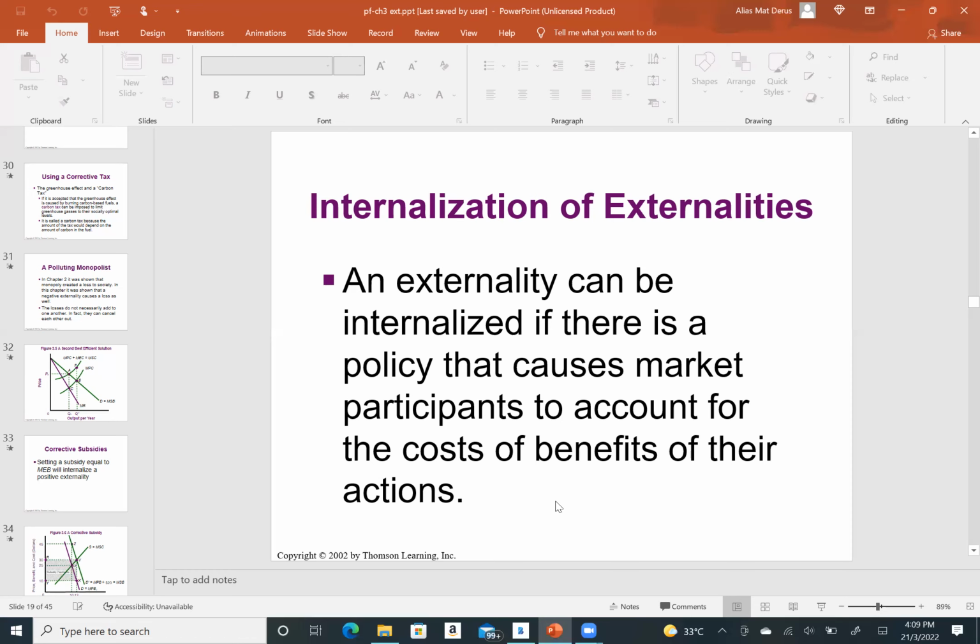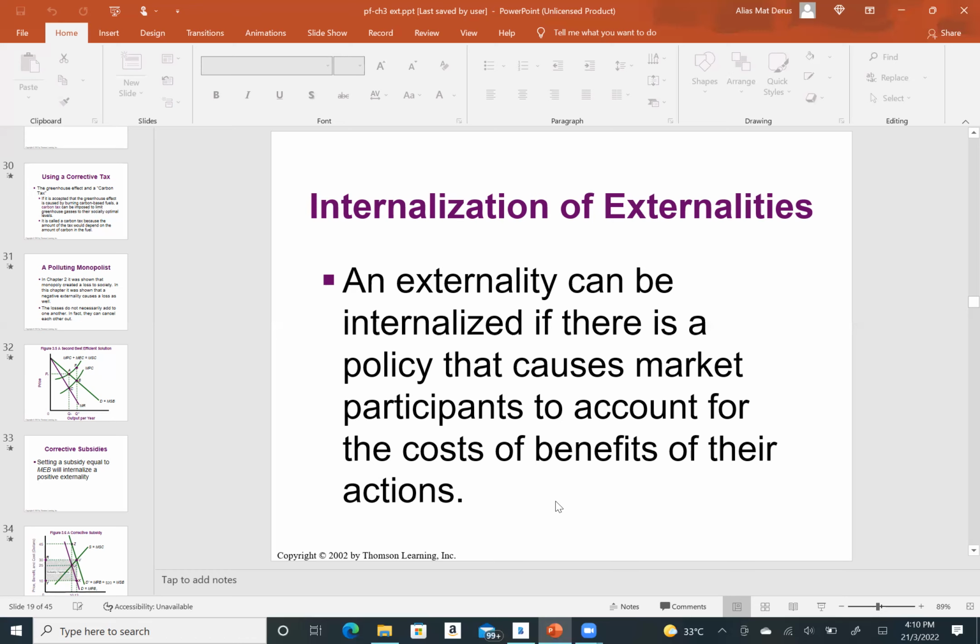Sometimes when you say policy, normally you think of government, okay? But sometimes it can be just by the private, by the person itself. So we can say just any action. If there is an action or policy that will make the generator of the externality take into account what?